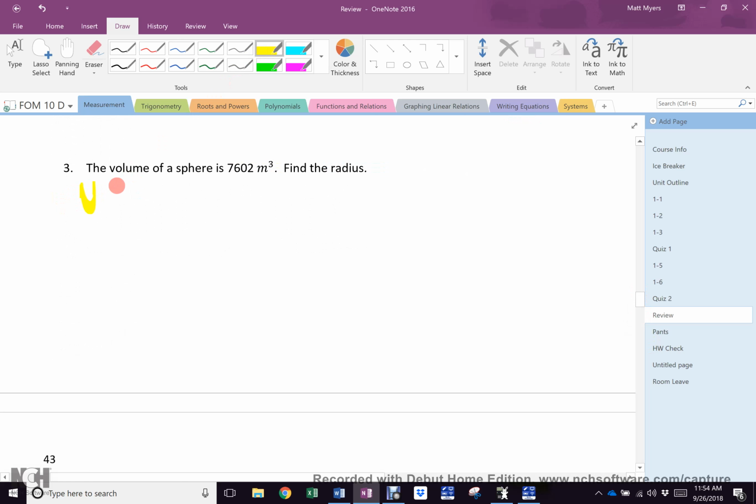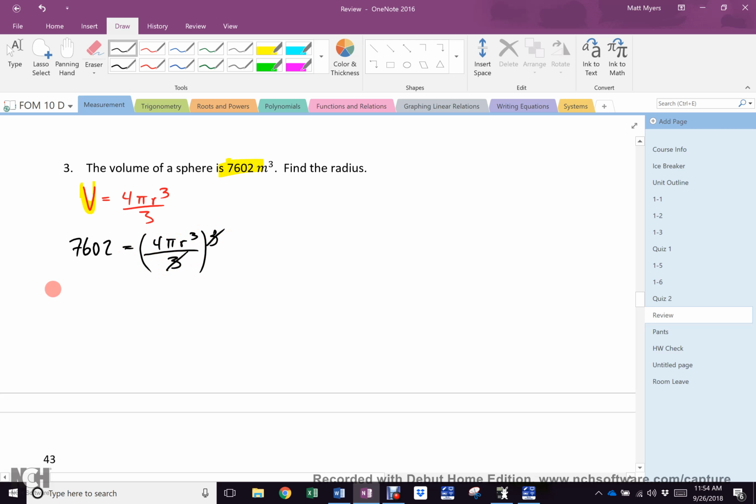Volume of a sphere. The volume equals 4 pi r cubed over 3. The volume is 7,602. So 7,602 equals 4 pi r cubed over 3. How do I get rid of divided by 3? I multiply by 3.